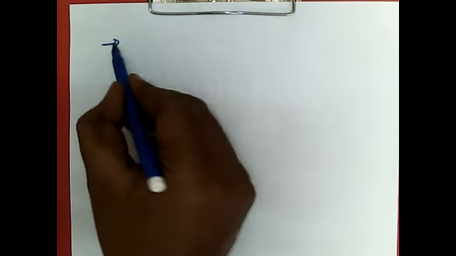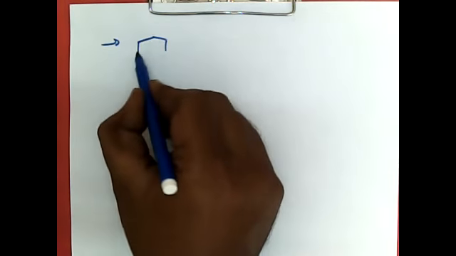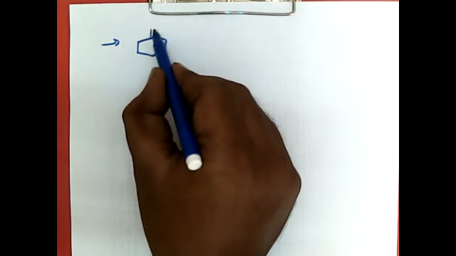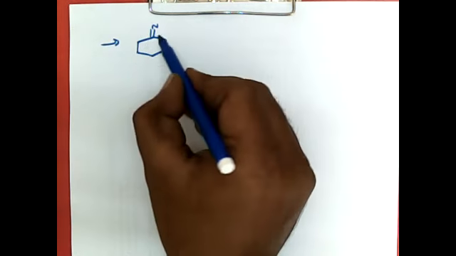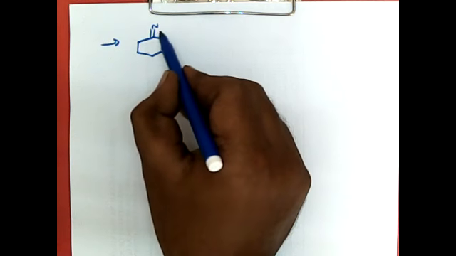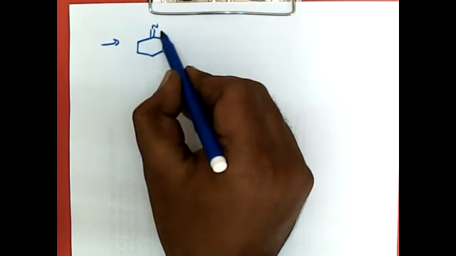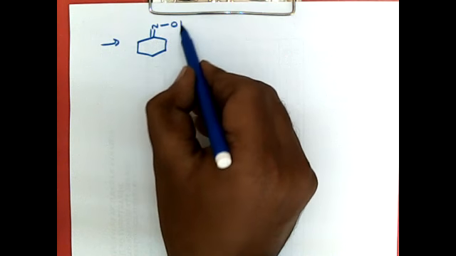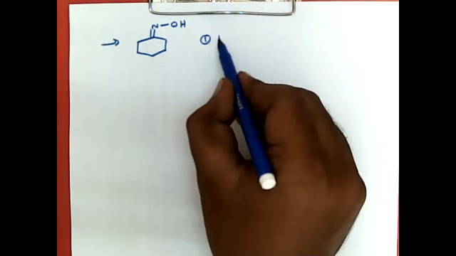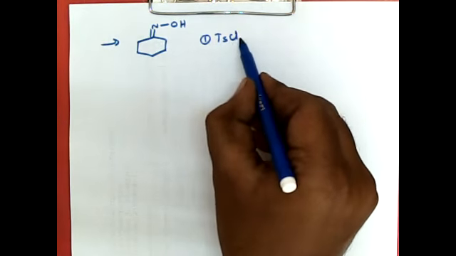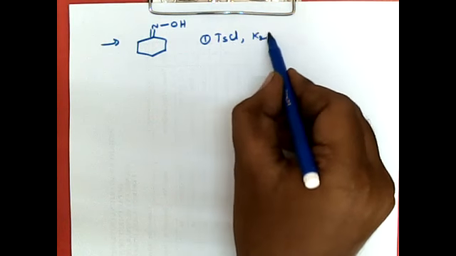Take these practice problems also. Cyclohexanone is treated with hydroxylamine, and it can be converted to cyclohexanone oxime. Now this oxime is treated with paratoluene sulfonyl chloride under basic conditions.